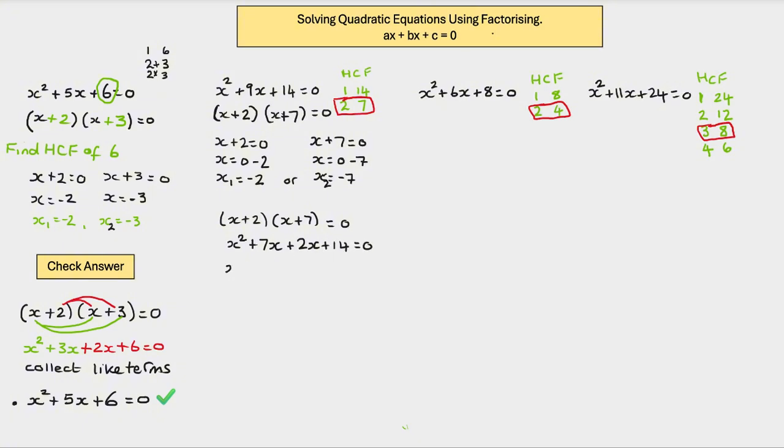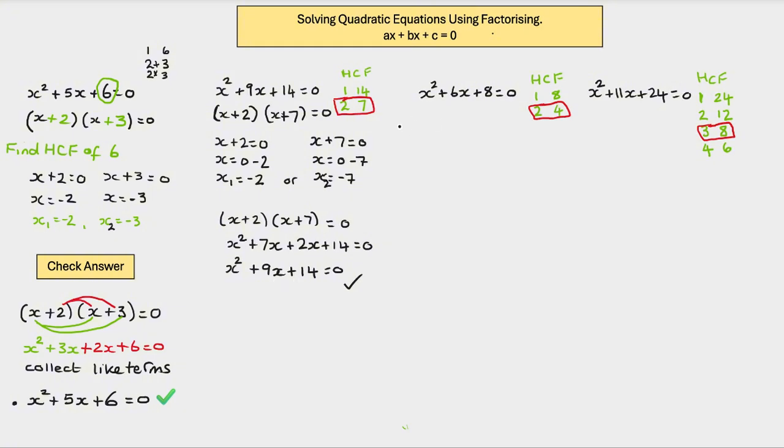Collect like terms. We know this is going to be at the front. 7x plus 2x is 9x, plus 14 equals 0. I know that that was the original question. And I've got my 3 marks. I think it's about 3 marks.